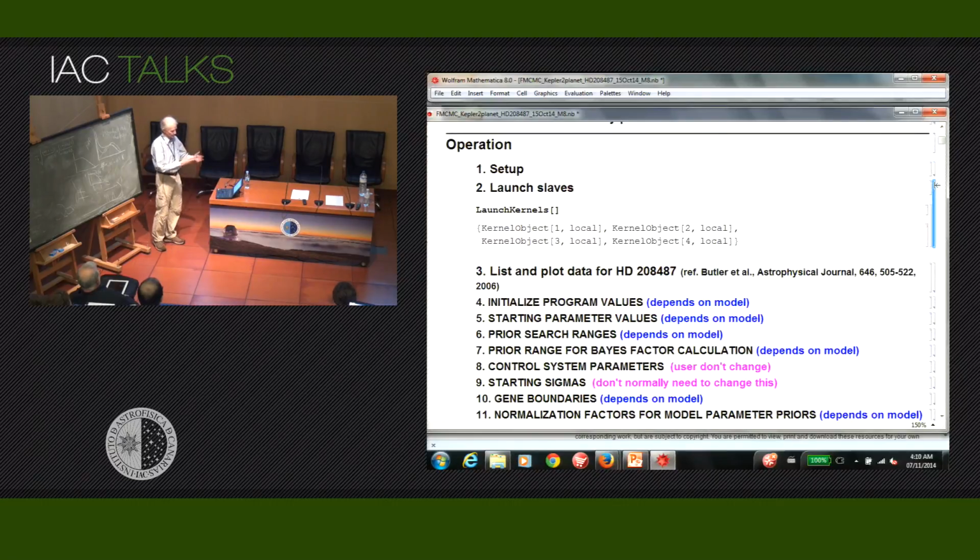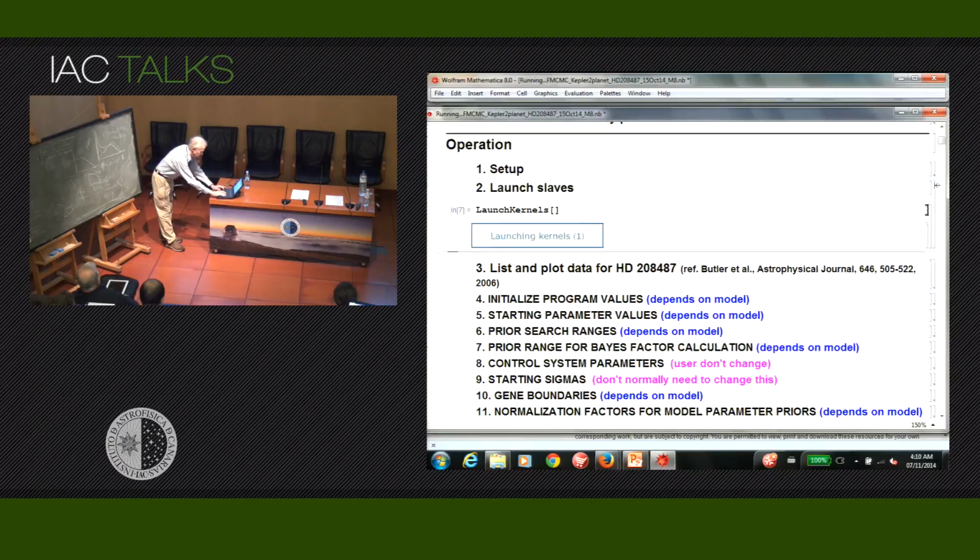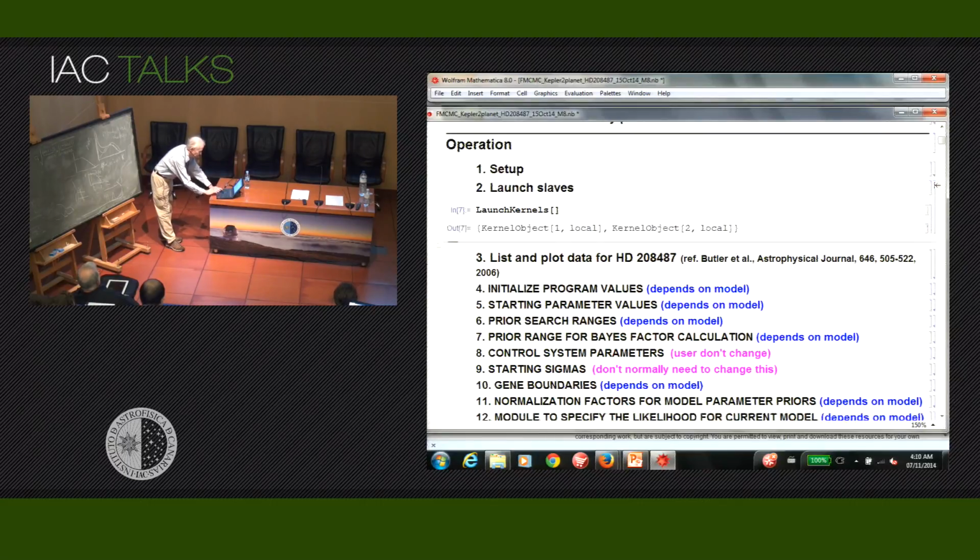The code that I've written is all parallelized, so it will use whatever CPUs you have on your laptop or your mainframe. This laptop doesn't have 4; it only has 2. But typically, I'm running with 4. I did have an 8 processor one, but it's now aged so that an Intel i7 machine is faster than it. So you just launch your kernels here. In this case, I've only got 2 kernels.